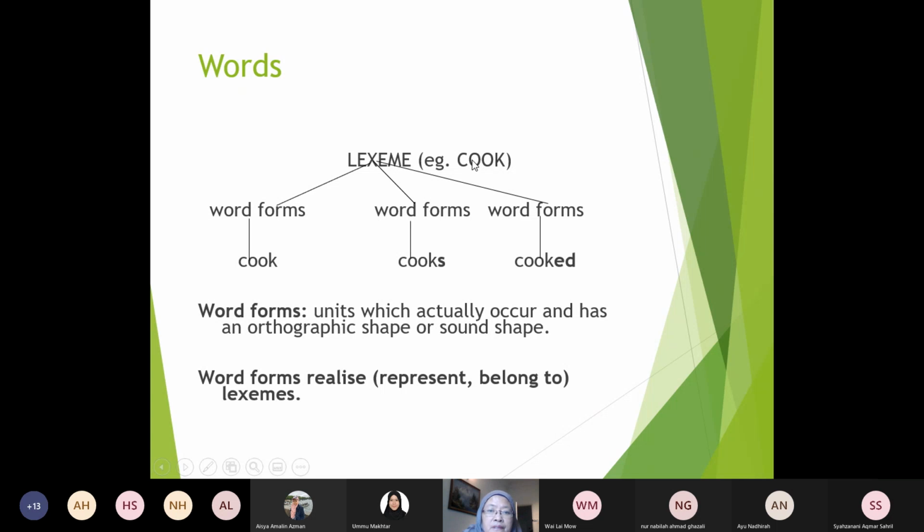So let's say, for example, masak. You would have masak, memasakkan with double K as a verb, and then you have masakan as a noun with one K. Masaki, dimasakkan. So all the different forms of the word masak.